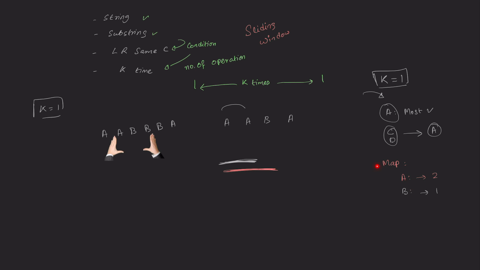Why? This map is only telling us the character count in this substring, not for the whole string. So in sliding windows, sometimes you have to take help from some other data structure to keep the record, to save some previous information, to get the right answer. So in this case, we were using a map.